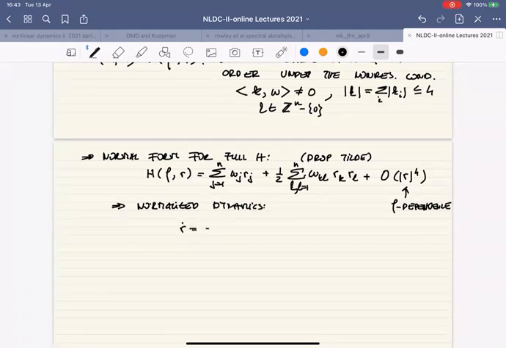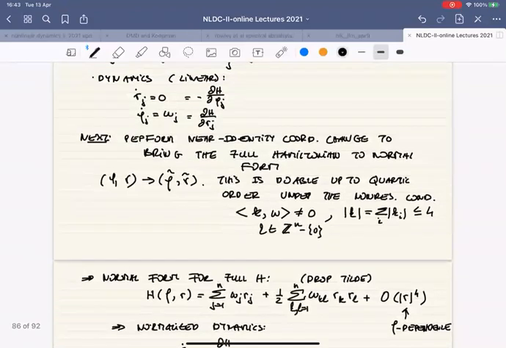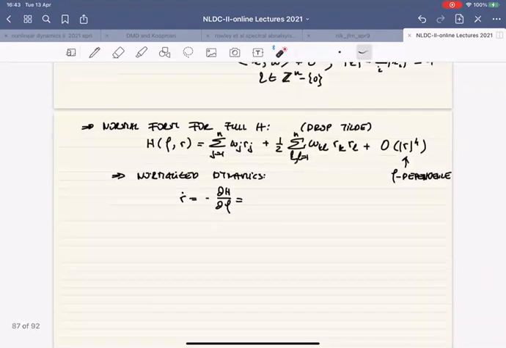R dot is the negative partial of H with respect to phi. That gives you 0 in the linear system, right here. And it's still almost 0 because there's no phi dependence here and there's no phi dependence here. So the first dependence on phi comes in somewhere here, and that's order R to the 4th.